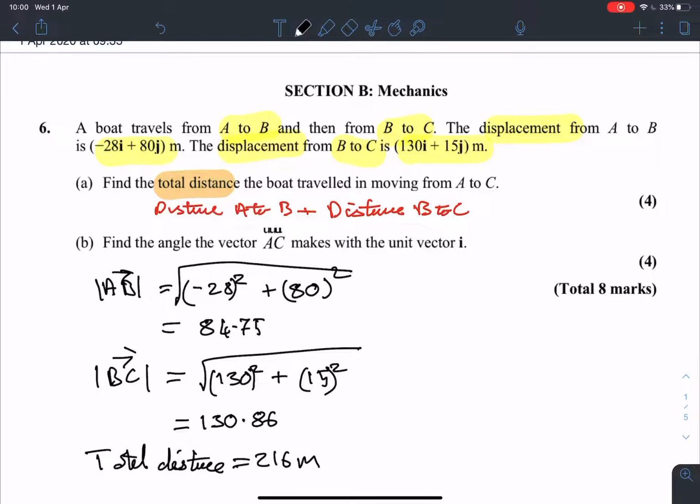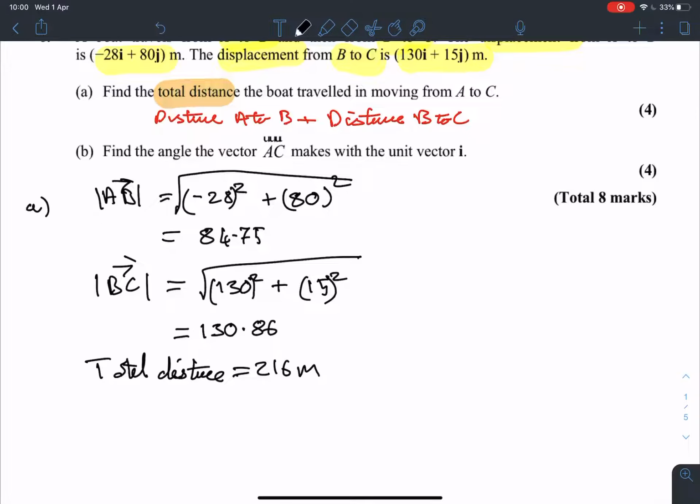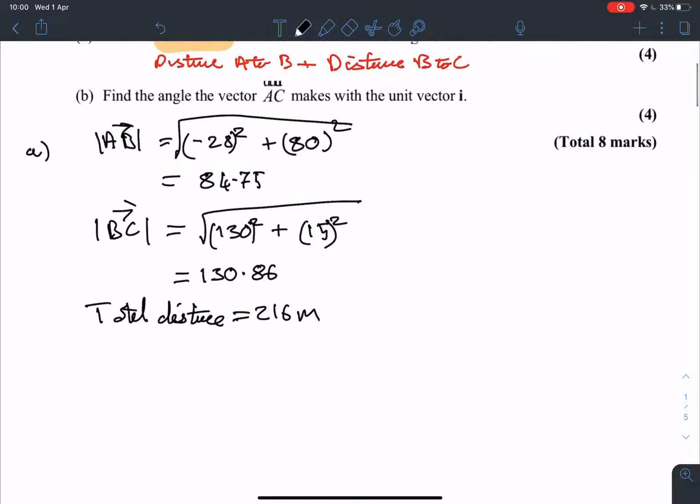That's part A done. Part B then is find the angle AC makes with the unit vector i. So the vector AC is equal to the vector from A to B plus the vector from B to C. So AB we can take down as (-28, 80).